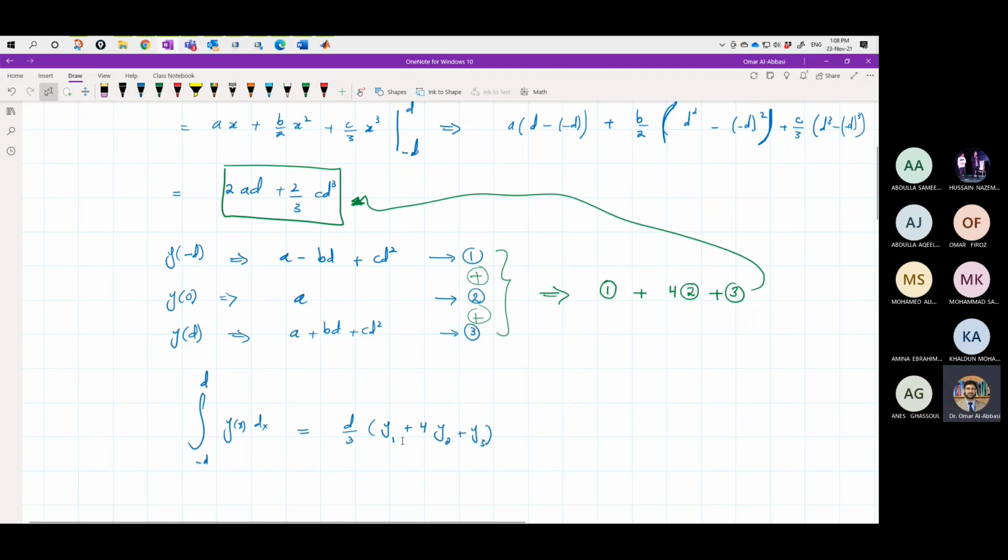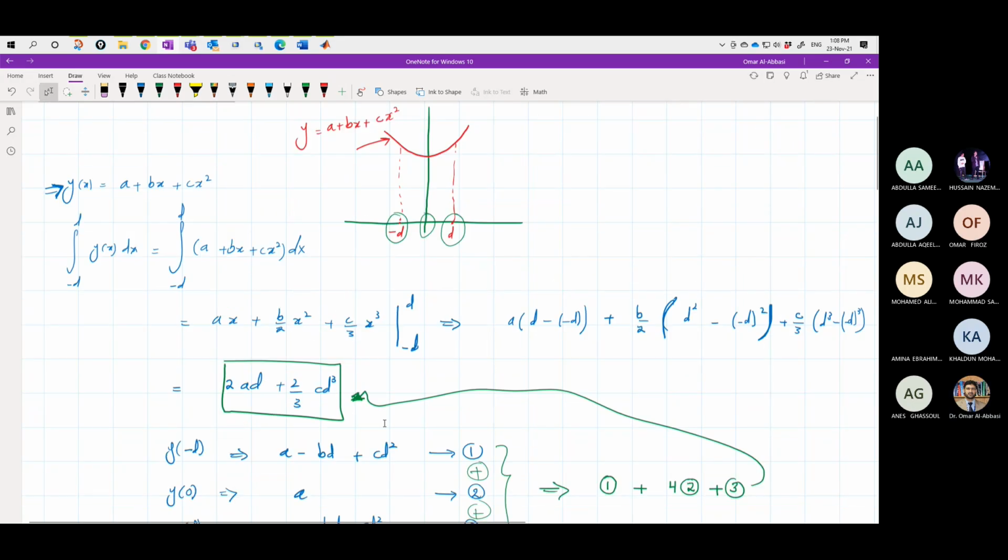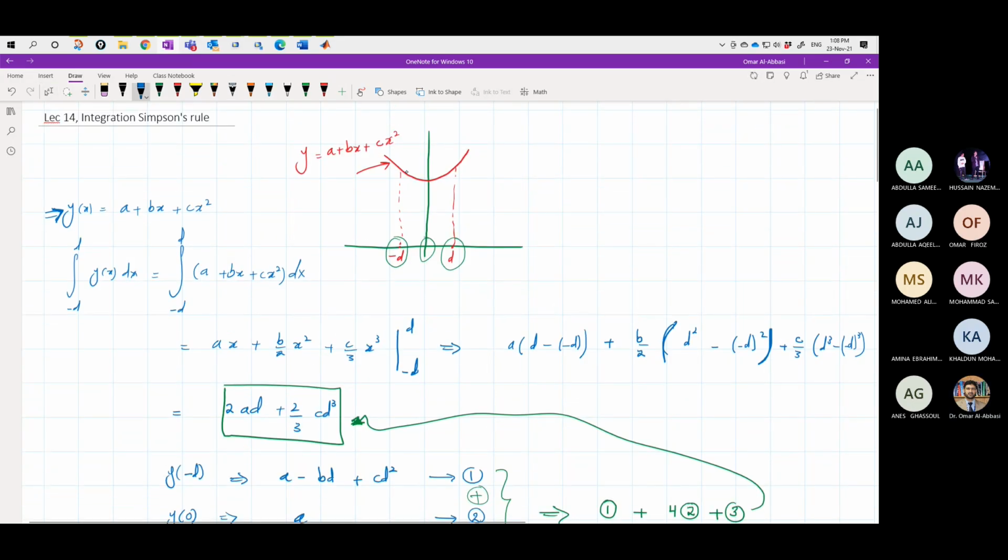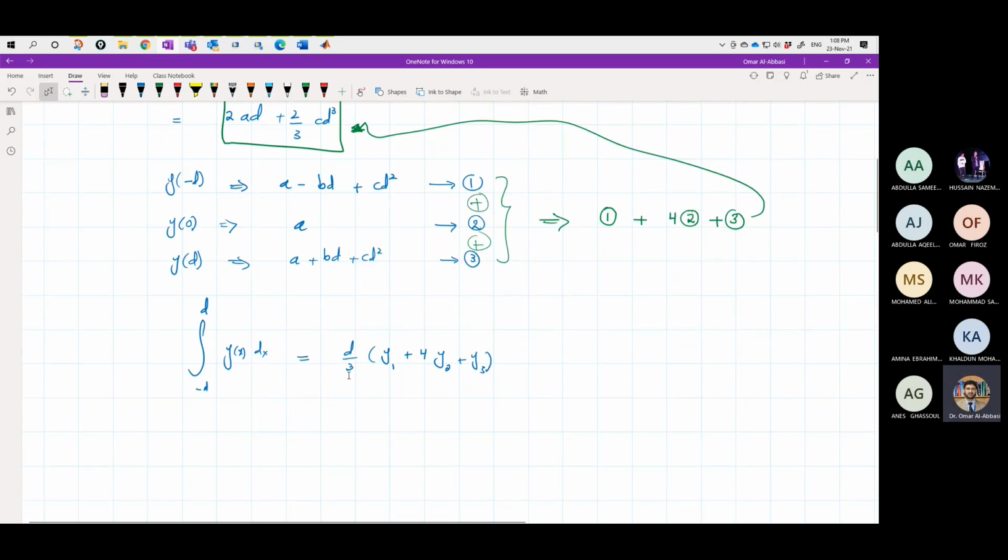So this is the value of the function, that is y1, that is y2, and that is y3. So if we add y1 plus 4y2 plus y3 and multiply the whole thing by d over 3, we will get the exact value of the integration. So basically, that is Simpson's rule.